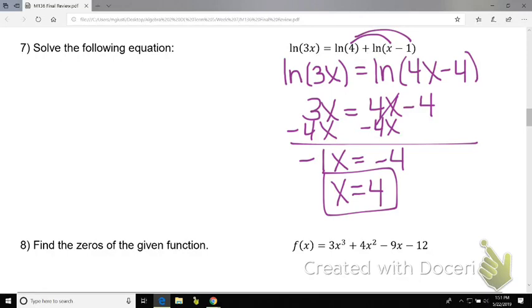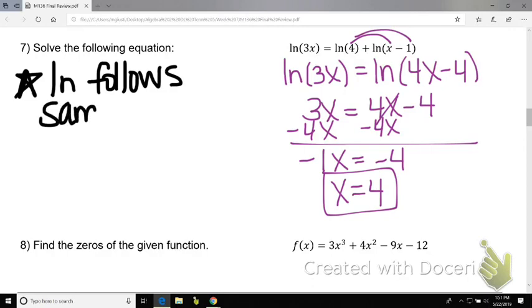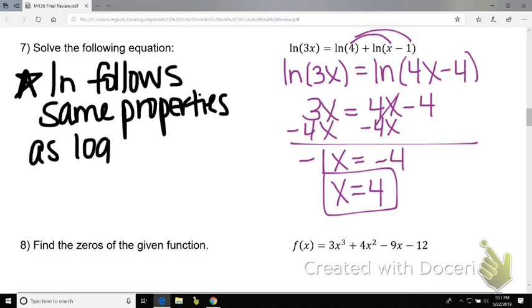So if you want to make a note on here, you could say your natural log follows the same properties. So if that had been a minus sign, we would have turned it into division. It follows the same properties as log.